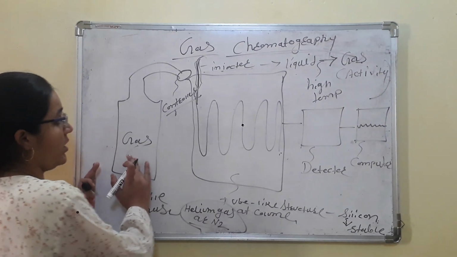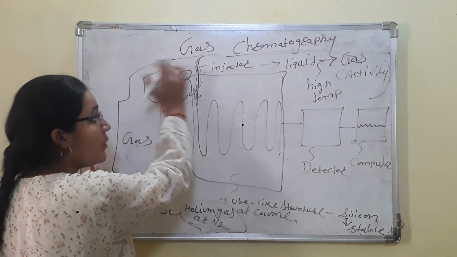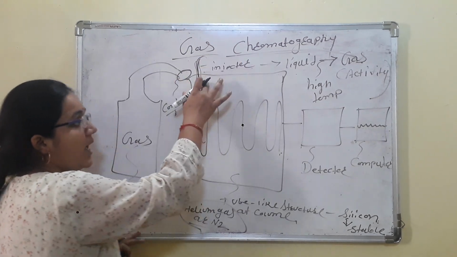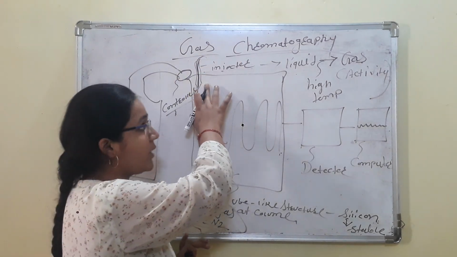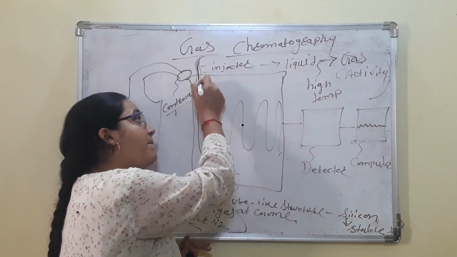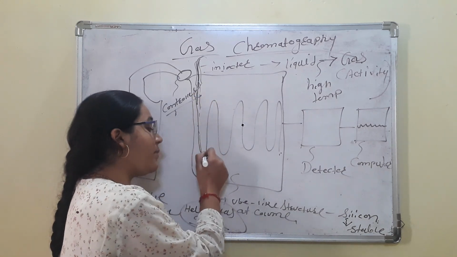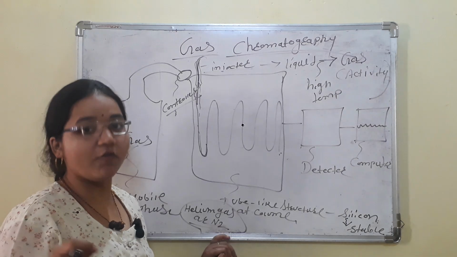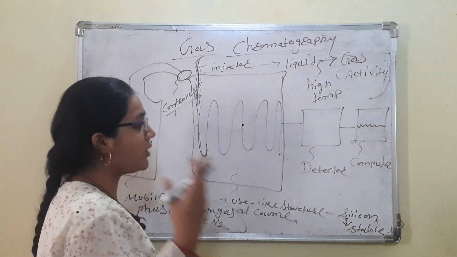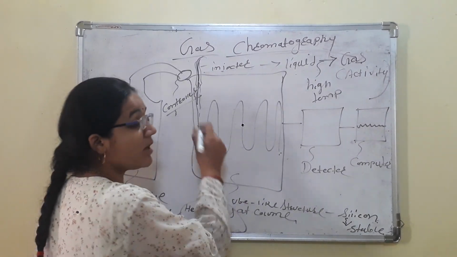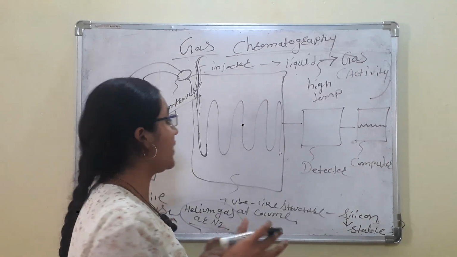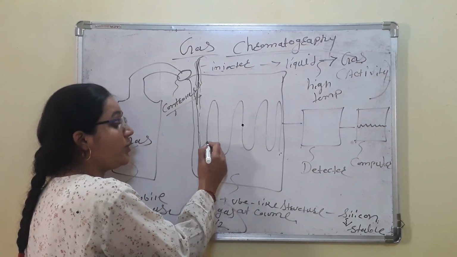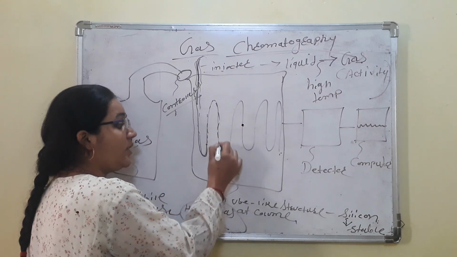This gas and our sample are mixed with each other, and then they pass through the column. The column has a stationary phase, for example silicone grease, which has a high boiling point. So they move fast and are detected by our detector.